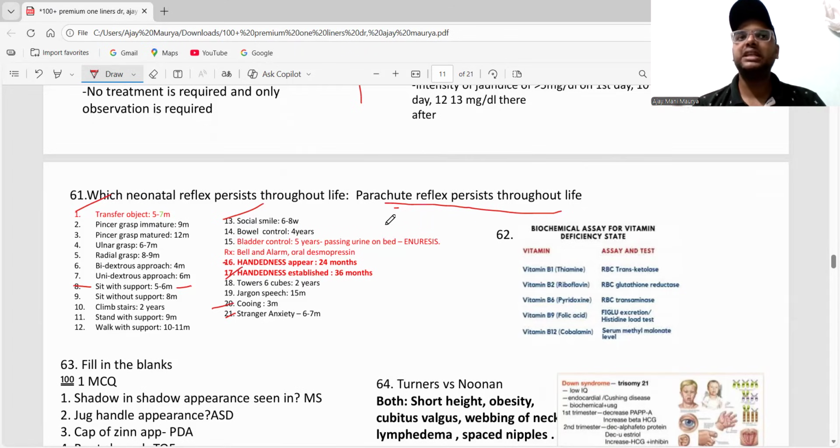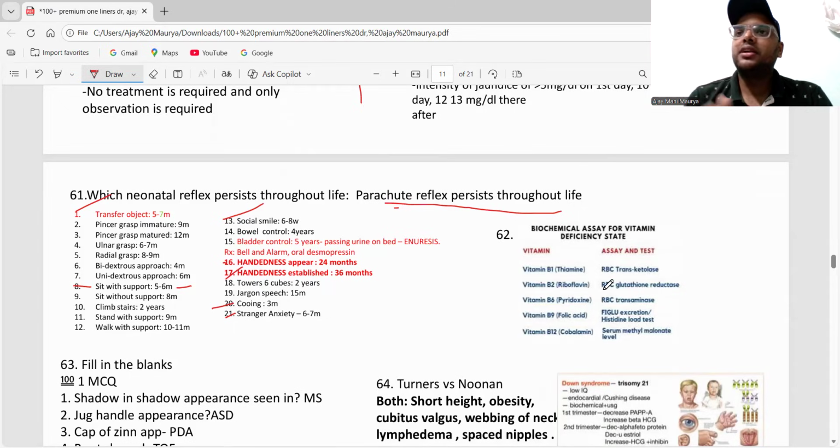Next one, biochemical assay for vitamin deficiency states. I think everyone knows about vitamin deficiencies and their conditions, but they are not going to study this one, that's why I kept it here. The biochemical assay for vitamin B1 is the RBC transketolase test.